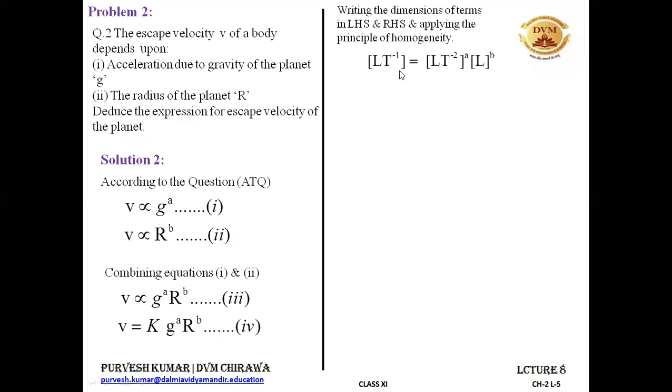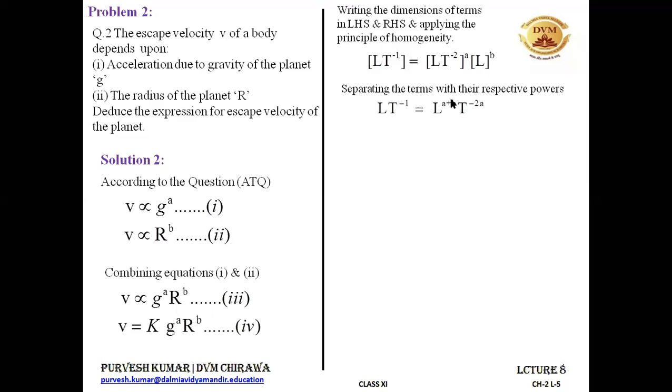Now, solving it, on the left hand side L has power 1, and on the right hand side L has power a in the first term and b in the second term, so that will be L to the power a plus b. And T has power minus 2a.